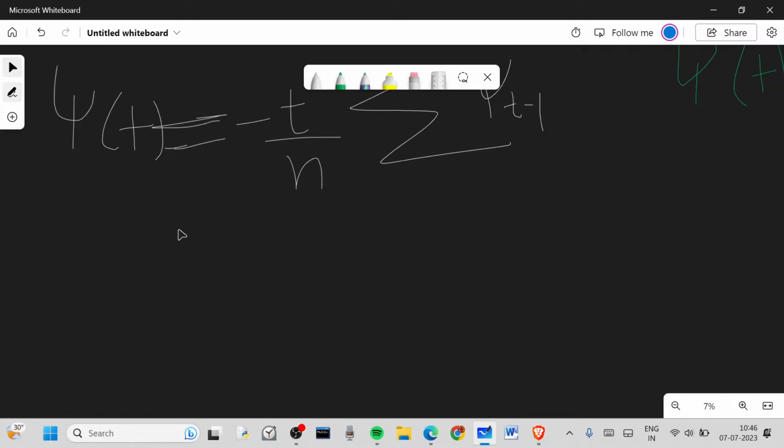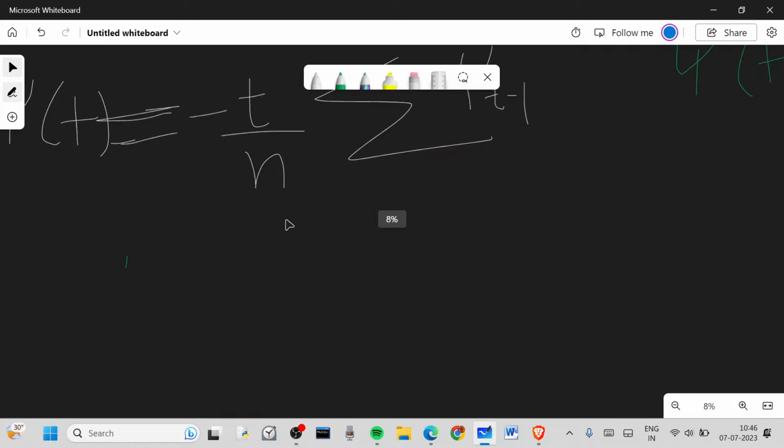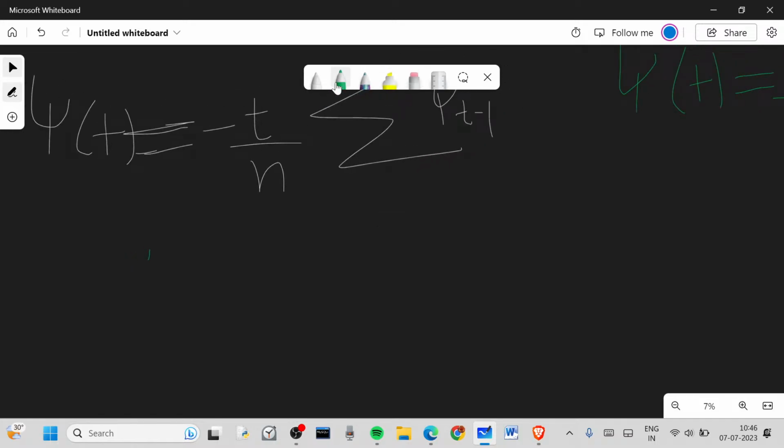Now let's start, like, it's a recursion, of course, as you can see. Let's start from psi at 2. Psi at 2 is minus 2 by n, and the sum of psi at 1. And what was psi at 1? Minus hn by n, and this gets cancelled.